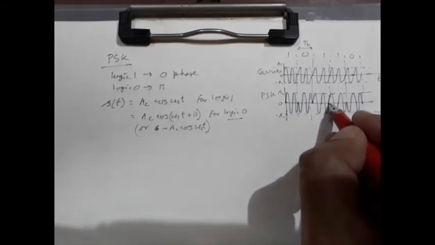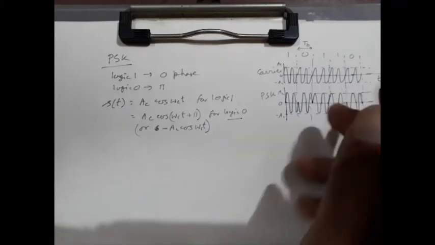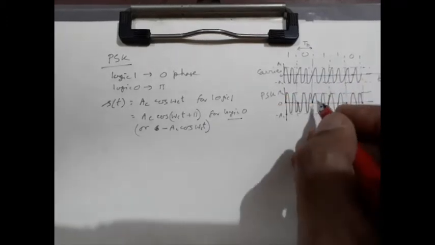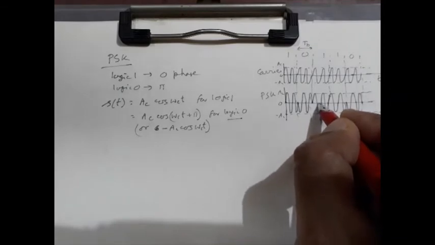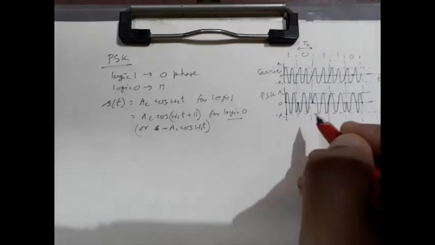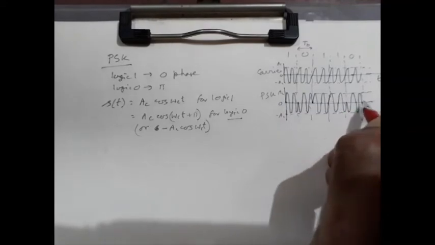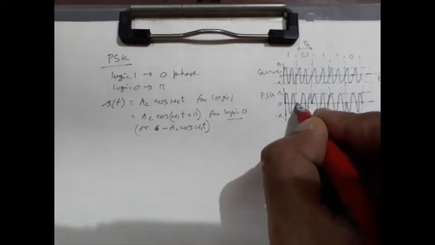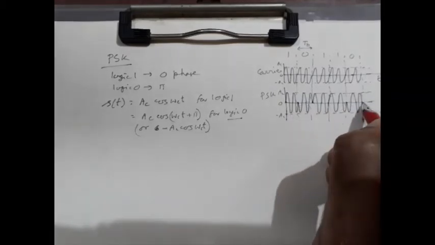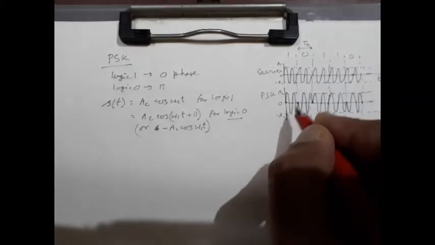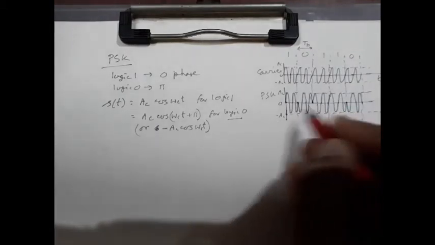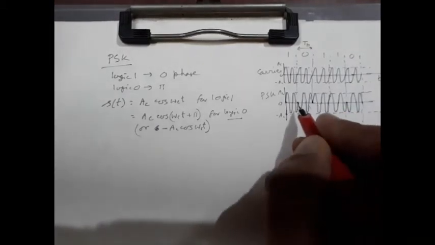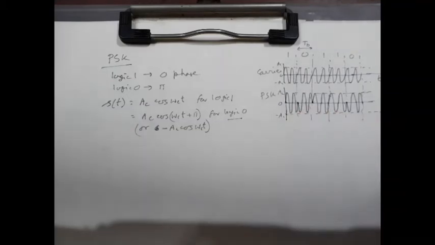There should not be any change in time period, but because of the problem of drawing, I have changed the time period a little bit. Actually there should not be any change in time period or in amplitude as well. The only change is in the phase. Whenever there is some change in the logic state, we have some phase change, and that phase change is abrupt, just at the time of transition. So this is the waveform for the PSK signal.